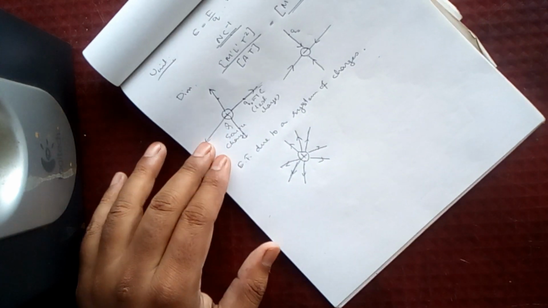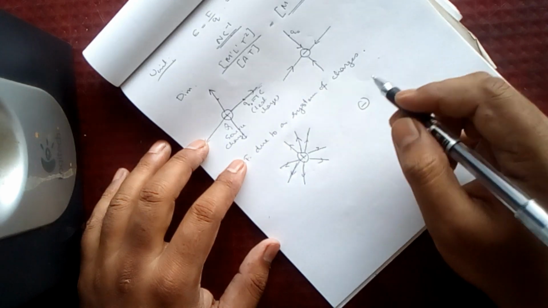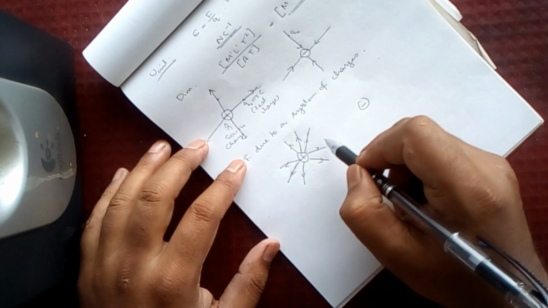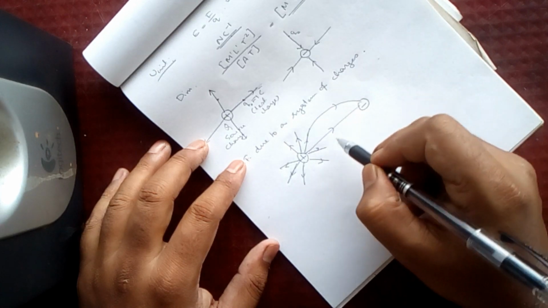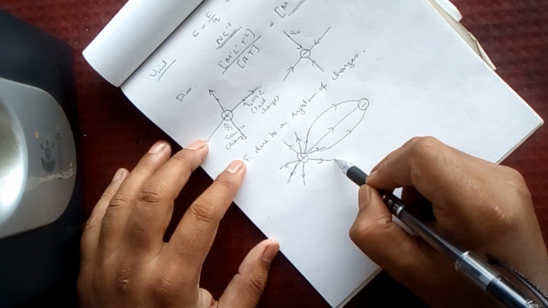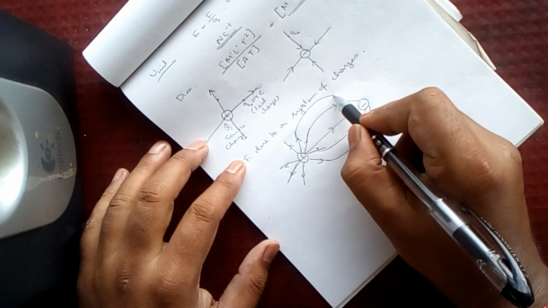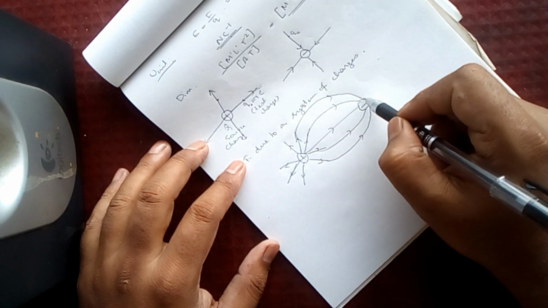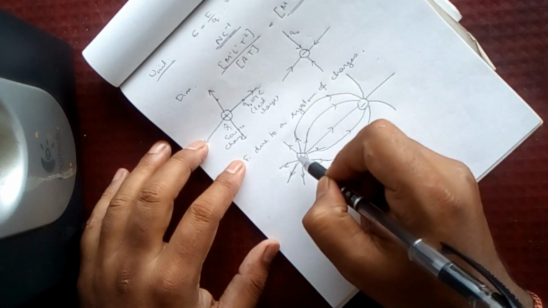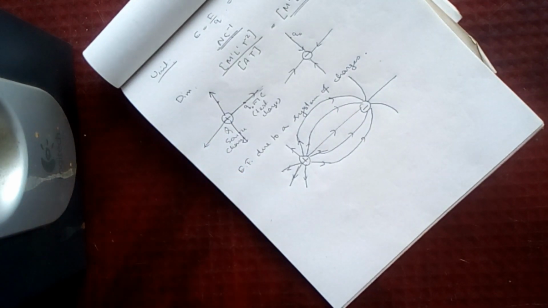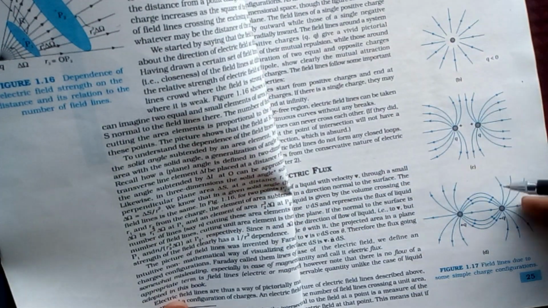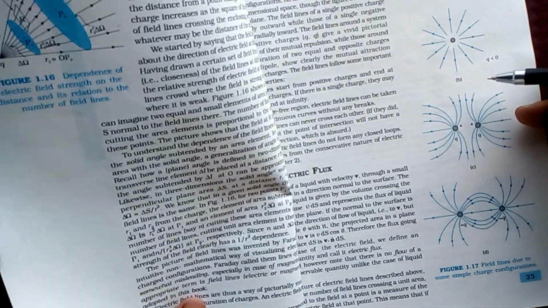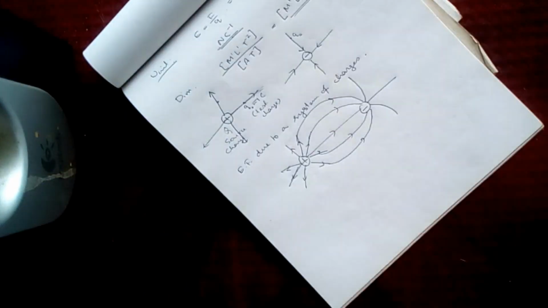The meaning is that, let us say I have a negative charge here. For this negative charge, the field lines will be forming like this. You can see this figure here. So all these figures are important.